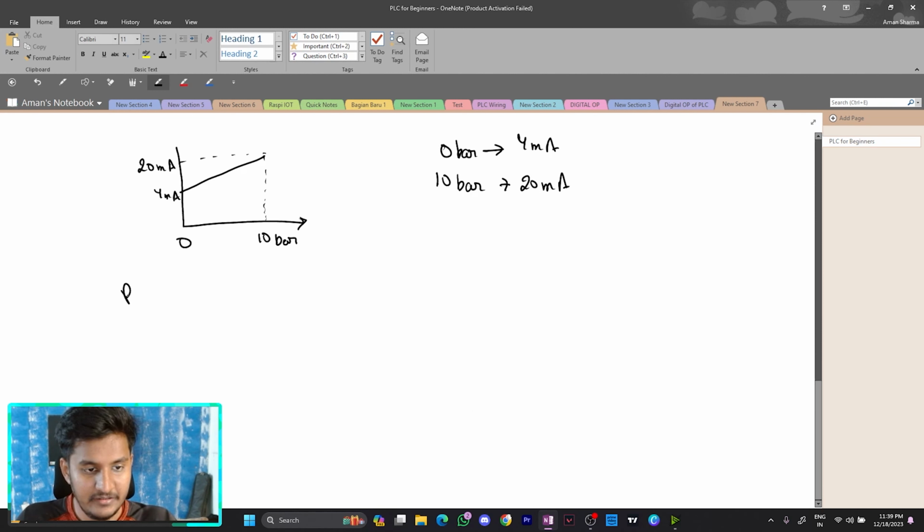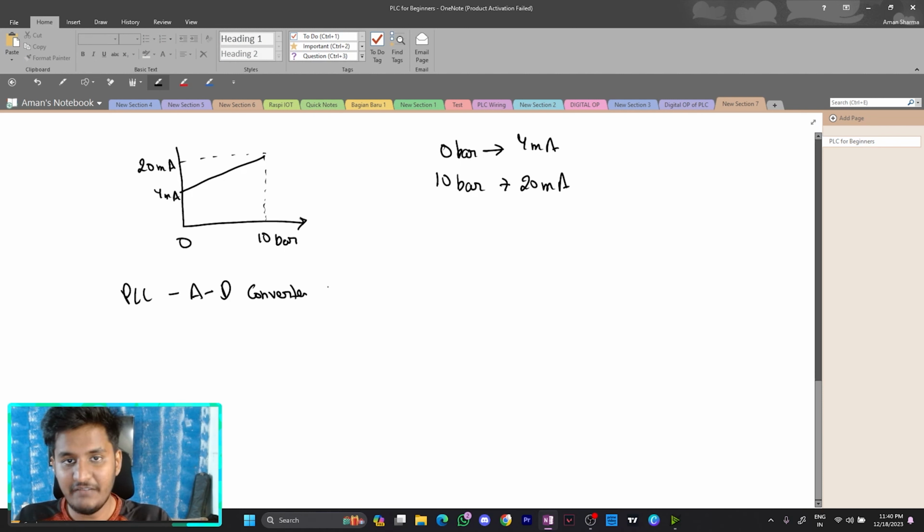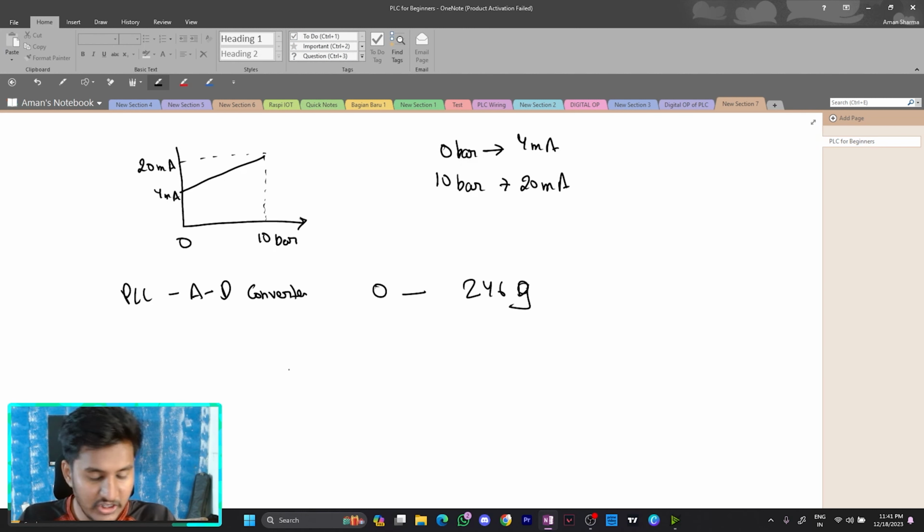Now in the PLC, with the help of the analog to digital converter, different PLCs have different ranges. So we will assume a range of 0 to 2469 units. Now let's convert the signal to digital form.